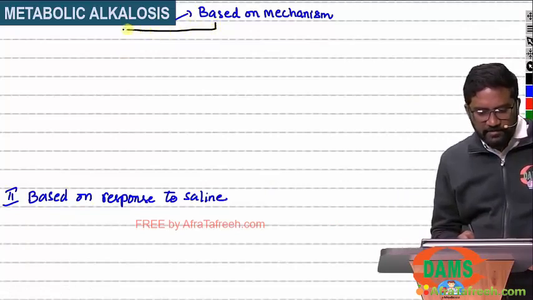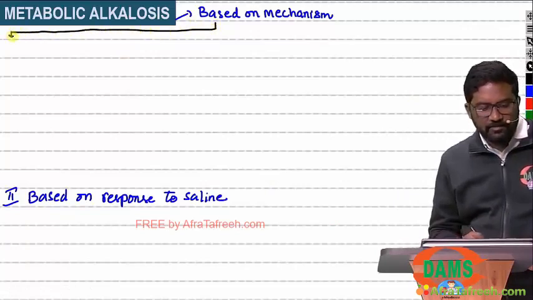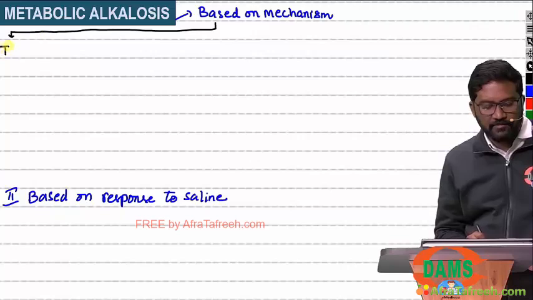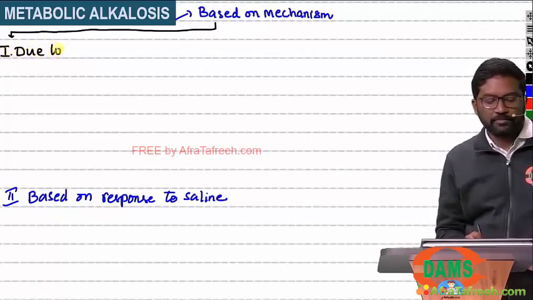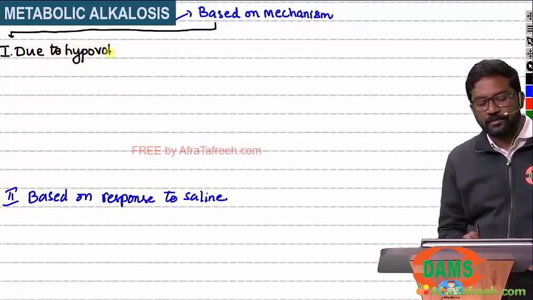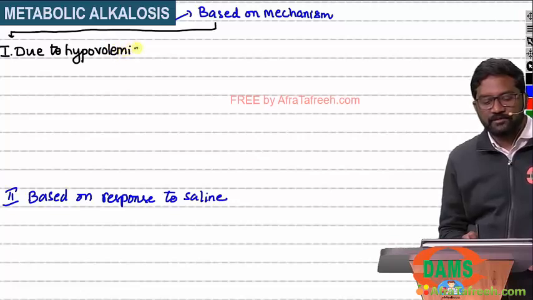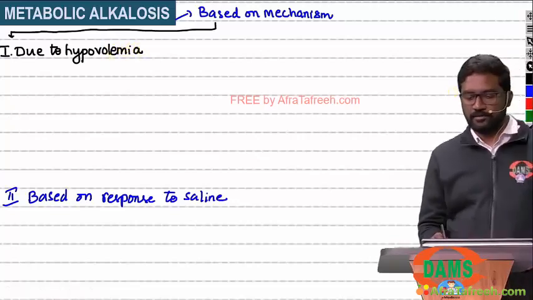Now first let us see the first classification based on mechanism. Metabolic alkalosis is divided into three categories. Category 1, metabolic alkalosis happening due to persistent hypovolemia. Metabolic alkalosis persisting due to continuous hypovolemia.